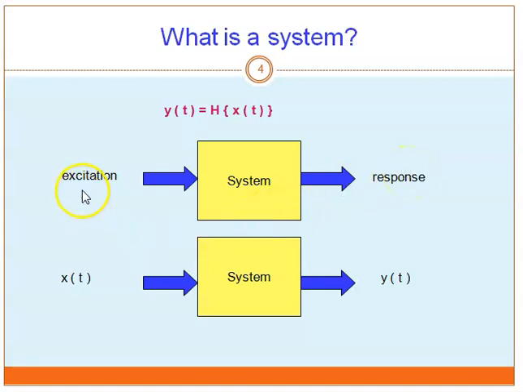Usually we will denote the excitation or the incoming signal as x(t), and the output signal is denoted by y(t). Hence the equation: y(t) is equal to H, the system, times the incoming signal, which is x(t).